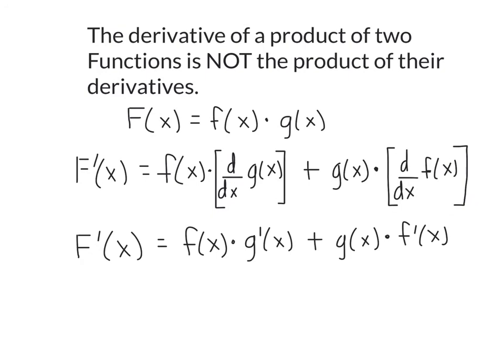Or another way of expressing that is as follows: F prime of x is equal to lowercase f of x times g prime of x plus g of x times f prime of x. And this is how we calculate the derivative of a product of two functions.